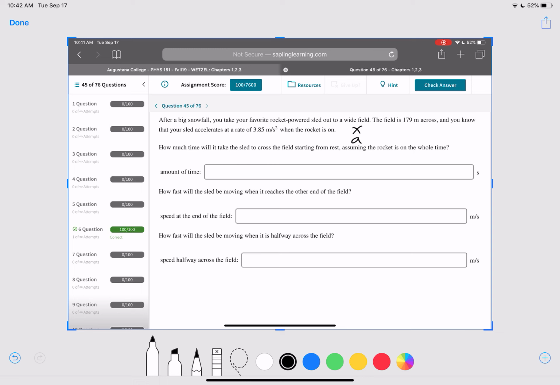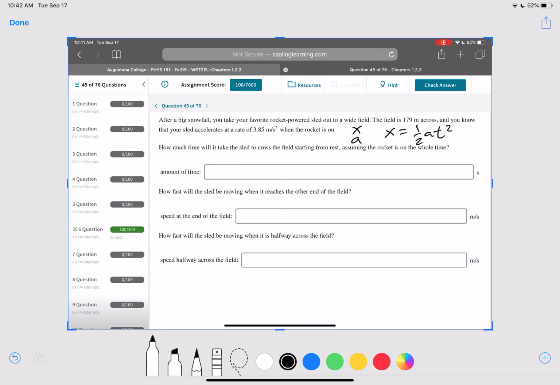So we're going to say that we're going to travel, starting from rest, a distance of 179 meters at a rate of 3.85 meters per second squared. So we can say our distance is going to equal 1/2 at squared, because we have no initial velocity, so v0 x is going to be 0, and our initial x0 is going to be 0.